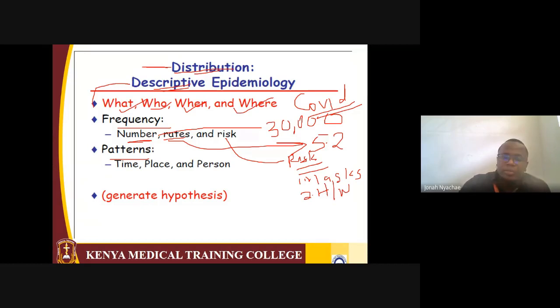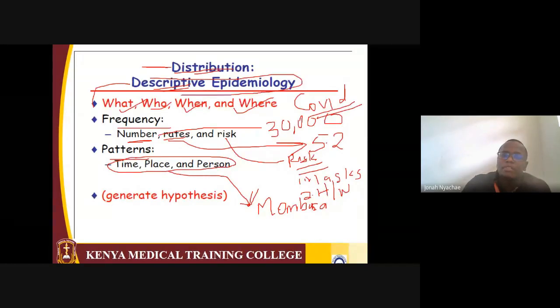So also talking about the patterns, you have been able to see our minister has been giving us the time, the place, and person. Like they say in Mombasa, to show the place, what is their prevalence? What is the pattern among the males and females? So basically they are using descriptive epidemiology to describe what?